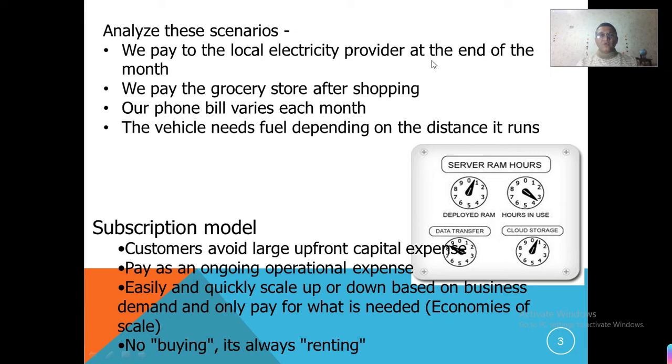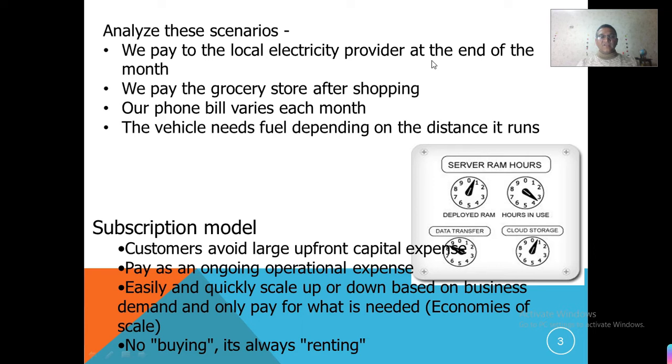Sometimes we pay more because we use it more, sometimes the bill is less. Similarly, a vehicle needs fuel depending on the distance it runs. Again, the expense is not fixed; it all depends on how much you run your vehicle. So this is a kind of subscription model.